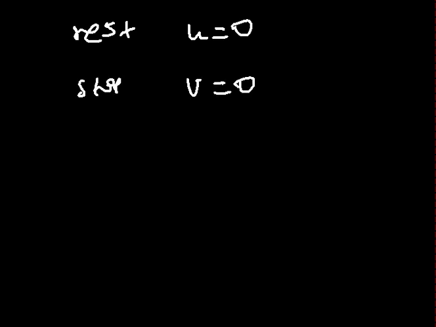So if the object is said to be moving from rest, the initial velocity is basically zero. If the object is said to stop, the final velocity is basically zero. You just have to be very careful with the given parameters in the question, and understand what the question tries to emphasize.